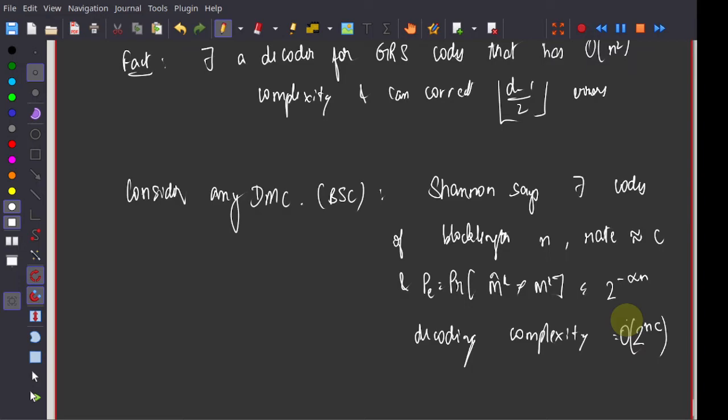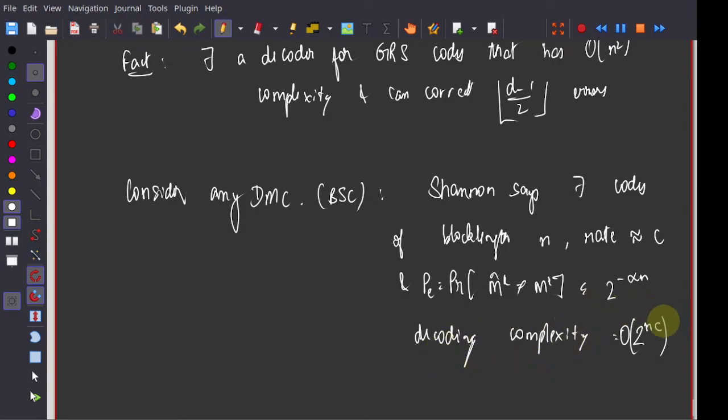Correct? So now, is it possible to design a code which gives you roughly the same things? It has to be of block length n, for n being very, very large. The rate should be close to capacity. The probability of error is small. I don't really care how fast it decays with n, but as long as it decays with n, I'm fine.